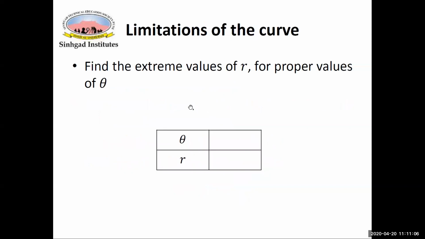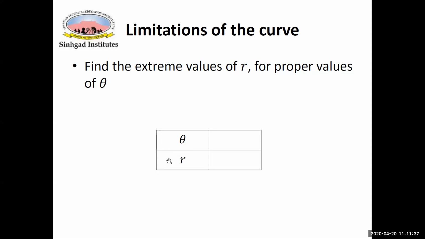Now the last point is you have to identify the extreme values of r. If your curve is symmetric to the x-axis, then try to get the values of r between 0 to pi. Between 0 to pi, identify where r is real and where r is imaginary.